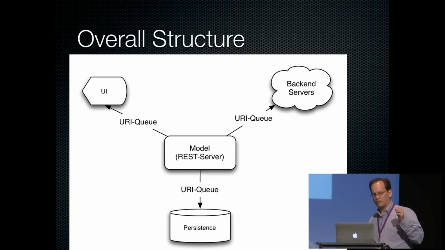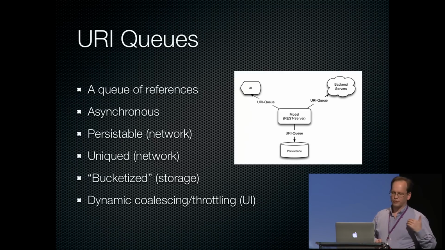And all of these need to be decoupled, because they're all slower than the central store. So what we have is they're all connected via these URI queues, which use, of course, the URIs that we just defined. And the URI queue is a queue of these references, and it's asynchronous.